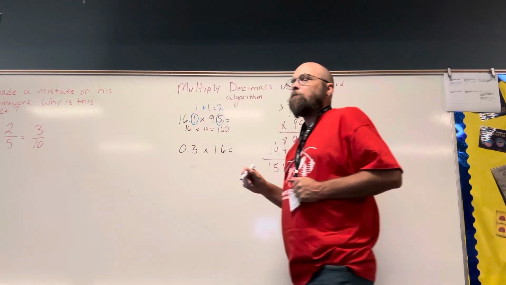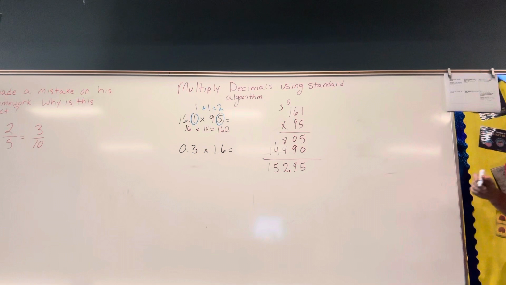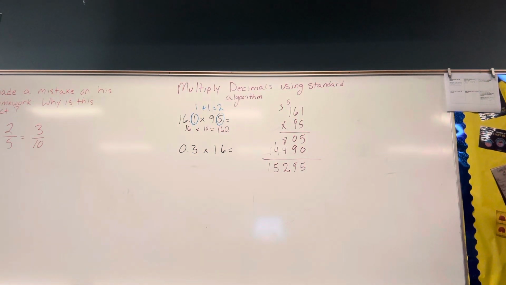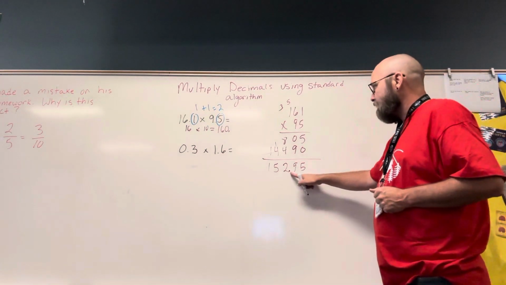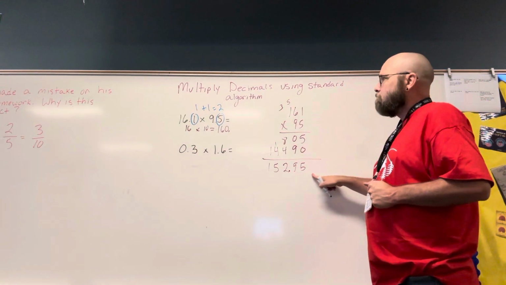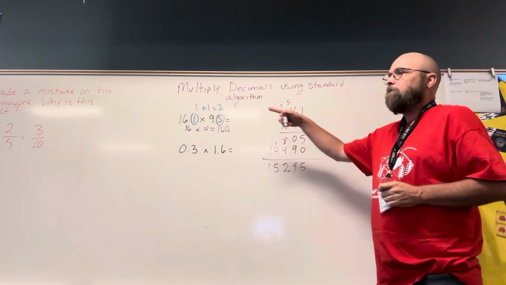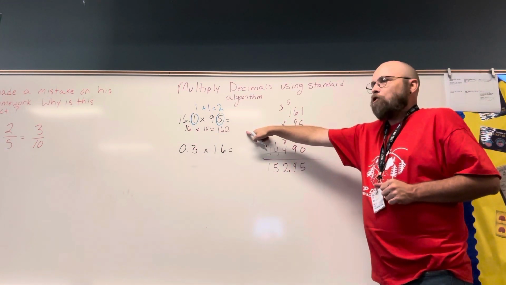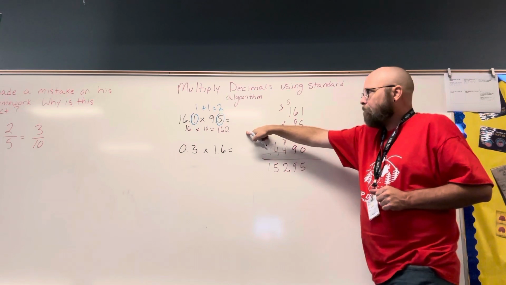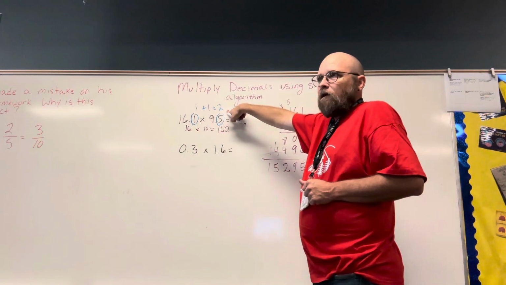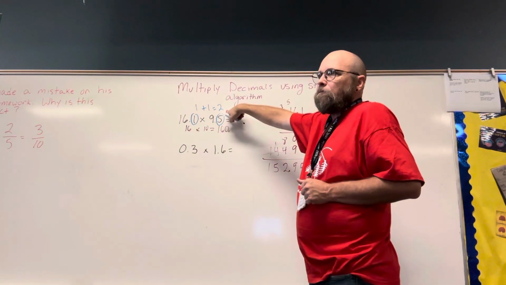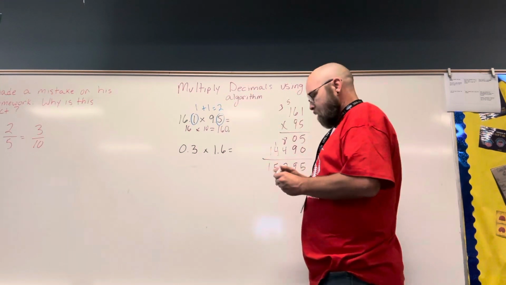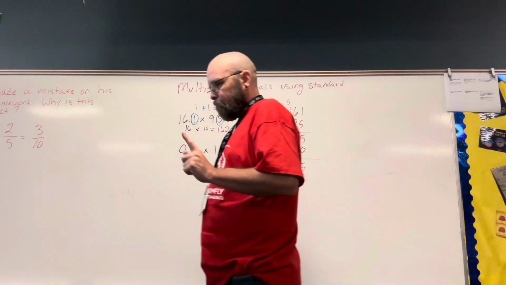There are 2 numbers behind the decimal point in my problem. There has to be 2 numbers behind it in my answer. So those are the 2 different ways to do it. One, estimation. So you can estimate first and then check it by figuring out how many numbers are behind the decimal point. Okay, so that is that problem.